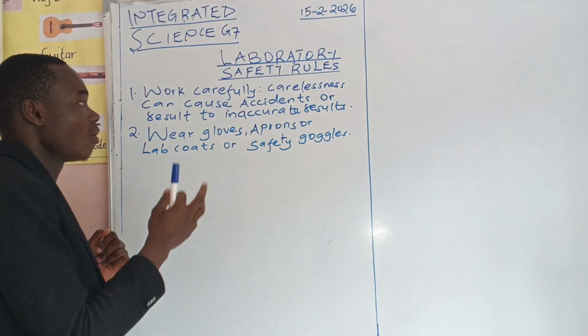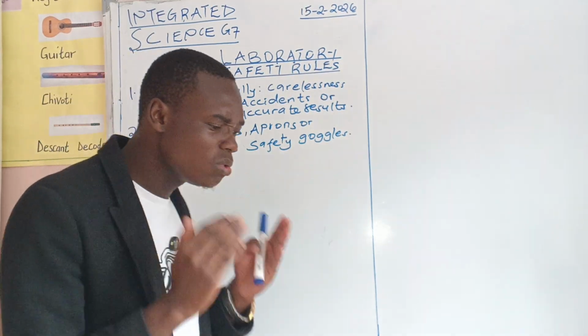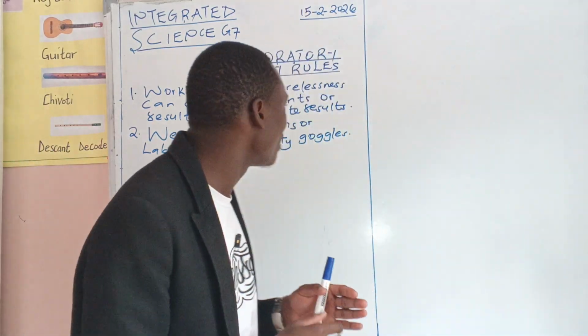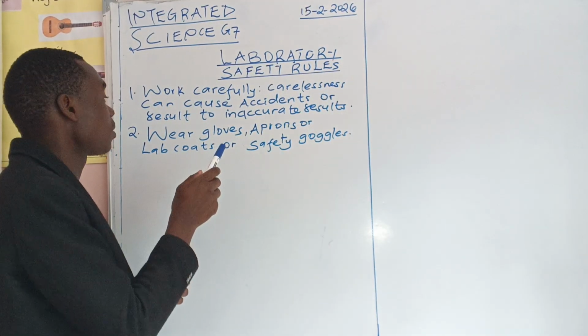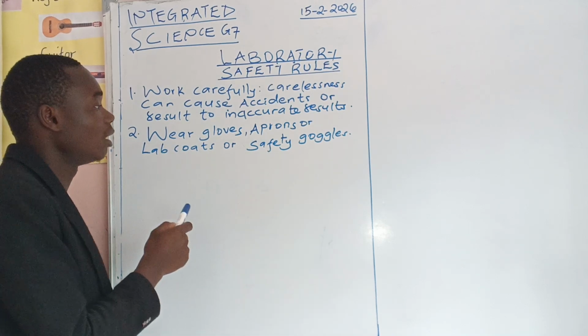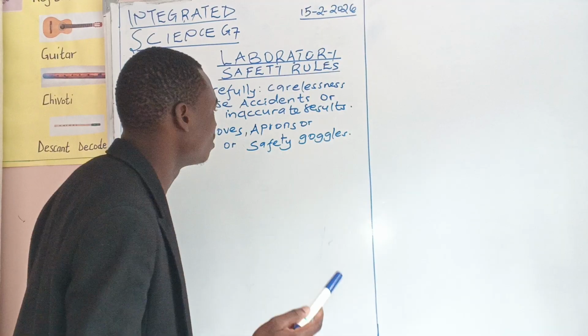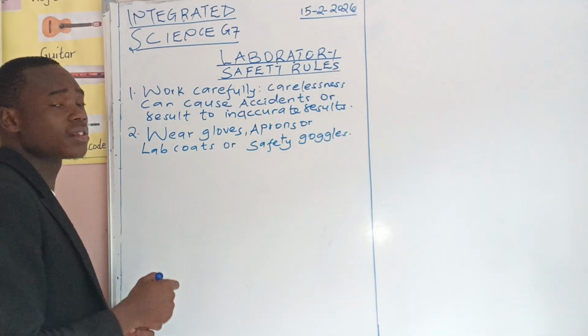You wear them, or the aprons. And then the gloves for anything. Before you do any experiment, you must have the gloves, because without the gloves, you can harm your hands. Without the gloves, you can harm your body, or the entire skin will be harmed if you don't have this safety equipment.